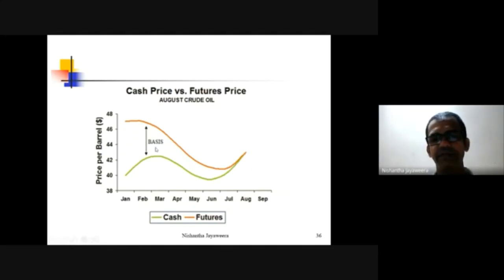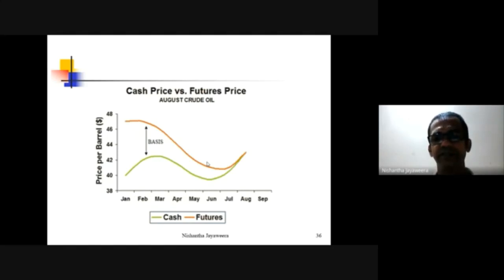Then this basis would be a positive one, plus 5. Somewhere in June, it would be plus 2. Then what has happened to the basis? Plus 5 to plus 2. The basis has decreased.